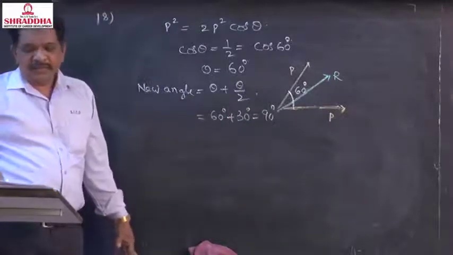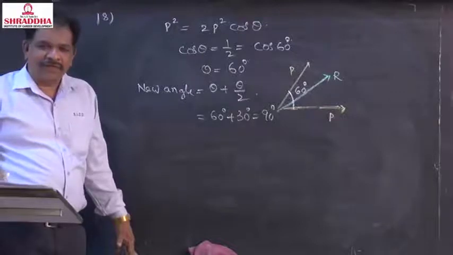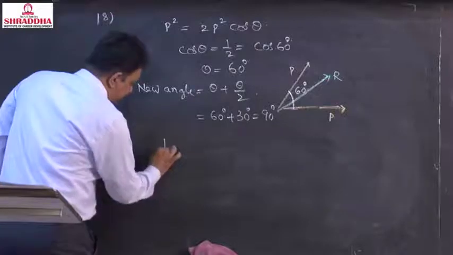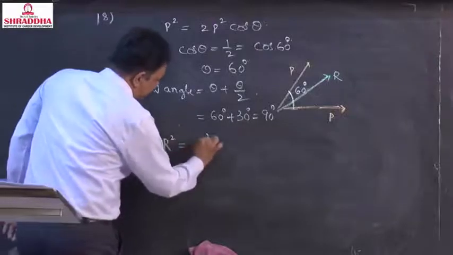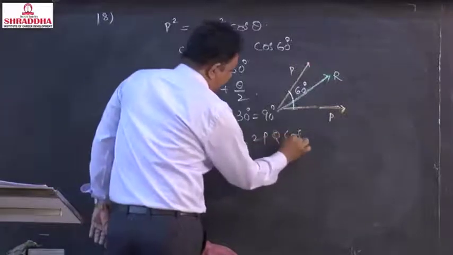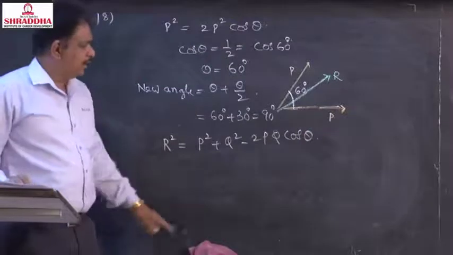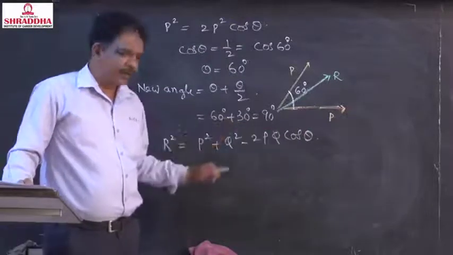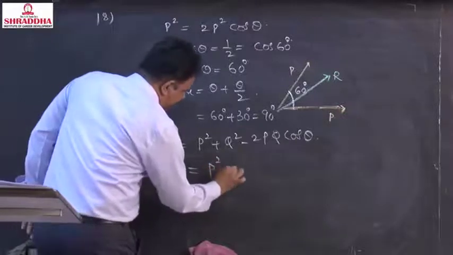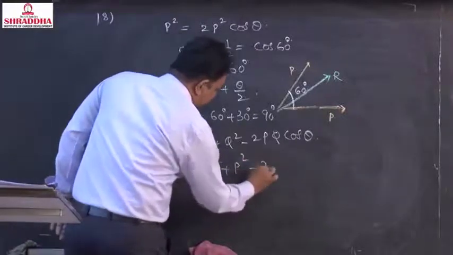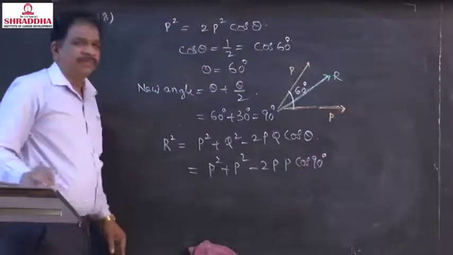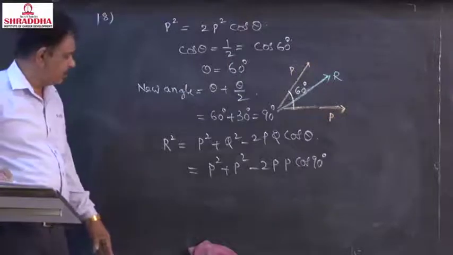Then the magnitude of the difference of the two vectors: P square plus Q square minus 2PQ cos theta. Here theta is equal to 90 degrees, P is equal to Q. This is equal to P square plus P square minus 2PP into cos 90. That value is equal to 0.